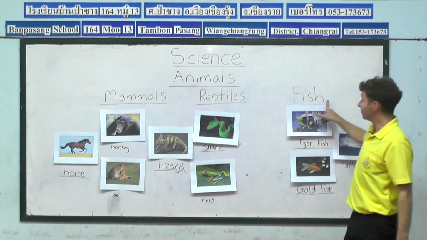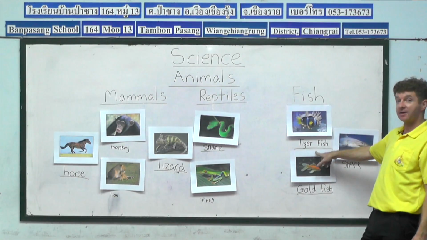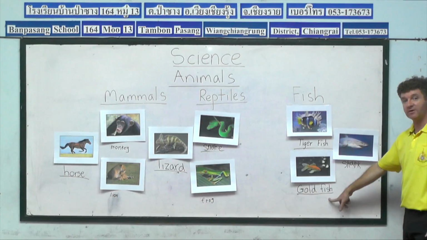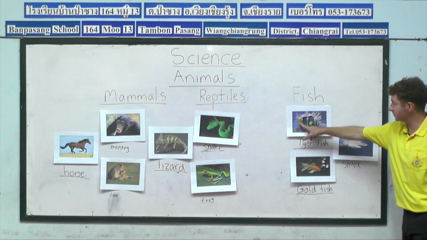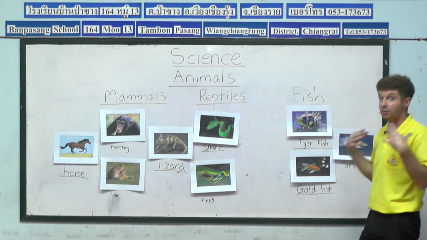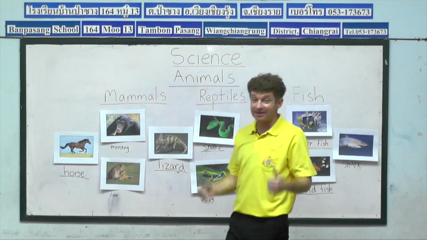And then fish, like the tiger fish, or shark, and goldfish, that have tails, fins, and gills to help them breathe underwater. And guys, that was brilliant. Very well done.